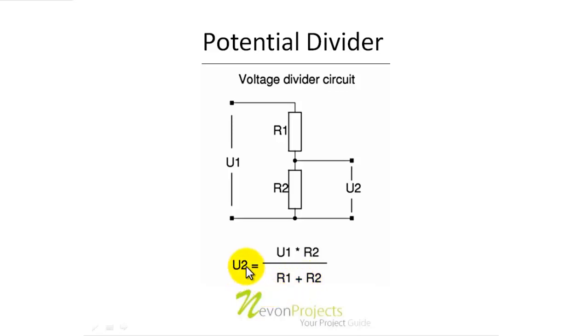So the formula is U2 equals U1 into R2 upon R1 plus R2. In this way we can divide the voltage into whatever ratio we want.